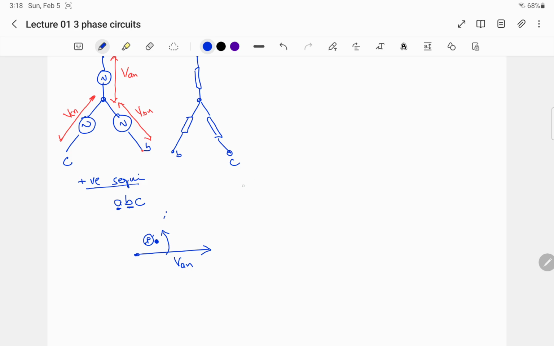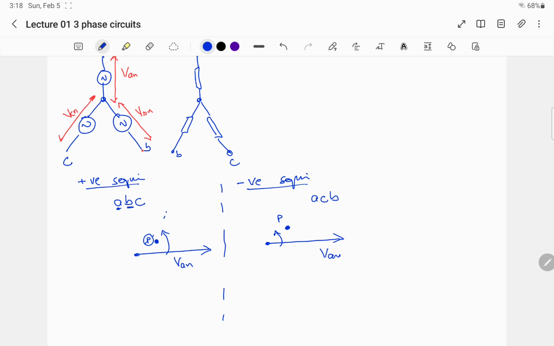And when we look at negative sequence, if this is the vector VAN, this is a point P, and if I rotate this vector, then the next vector that should cross this point is C. So I write it like ACB.